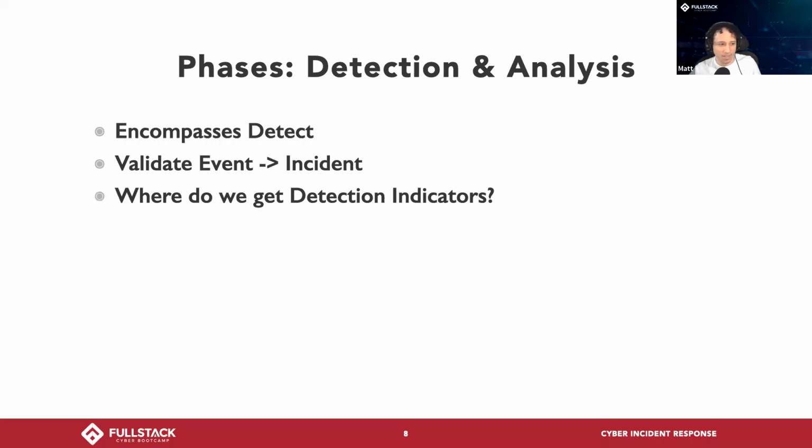So the question is, first, where do we get our detection indicators? Where do we get our security events that we need to look into? The biggest place? Logs. Okay, logs. What else?